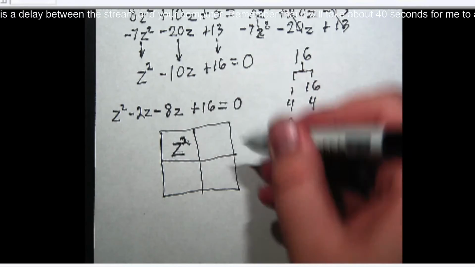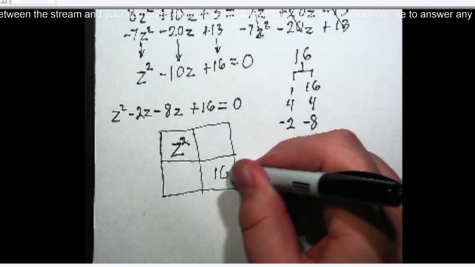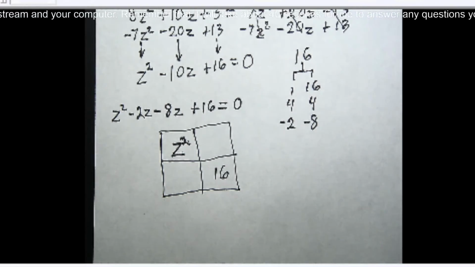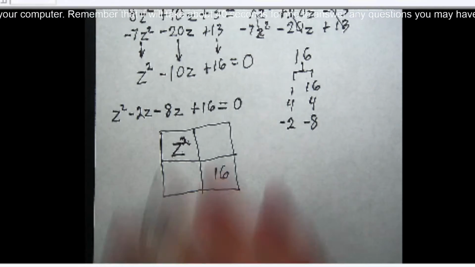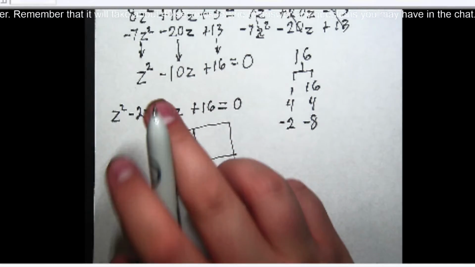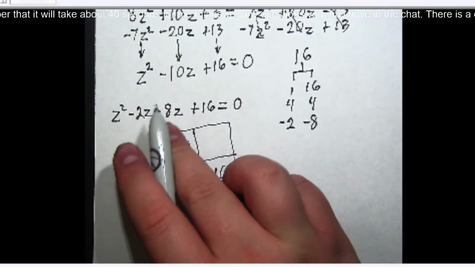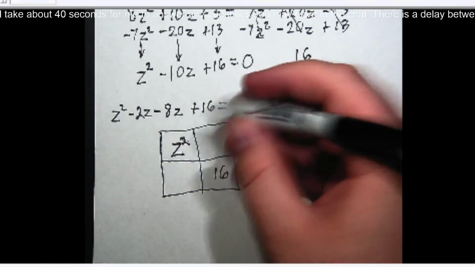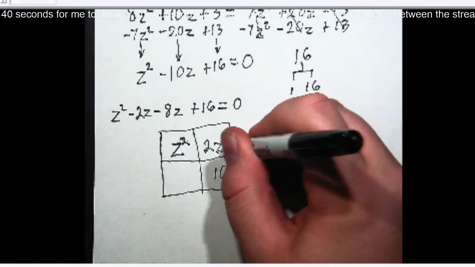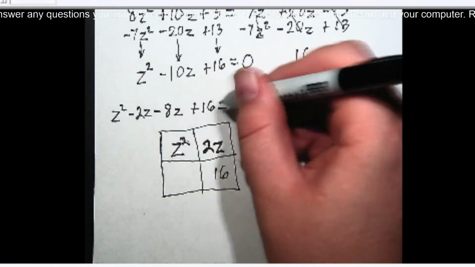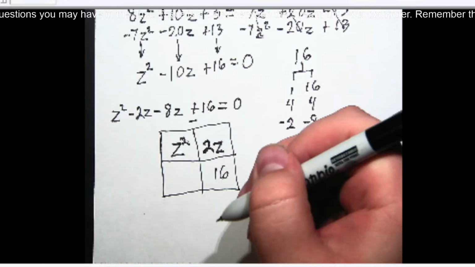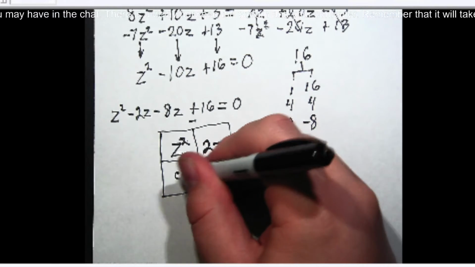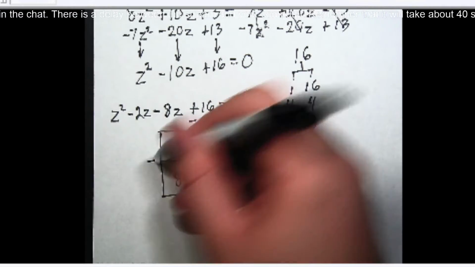Then the last term goes in the last box, 16. And these two in the middle doesn't really matter, just as long as we remember that their signs come along with them and sit on the outside. So 2z I'll put right there. I really need a new pen. And its negative goes on the outside. 8z, same idea. Its negative goes on the outside.